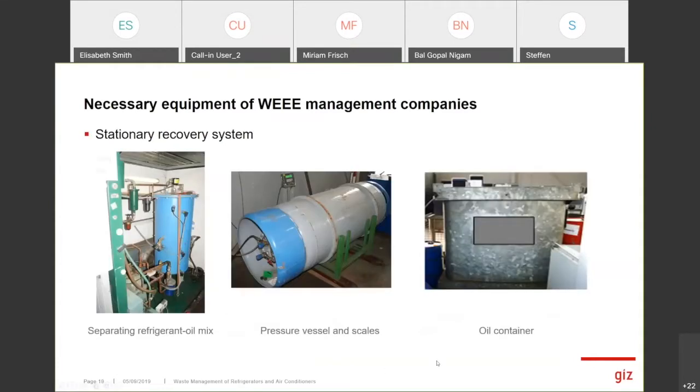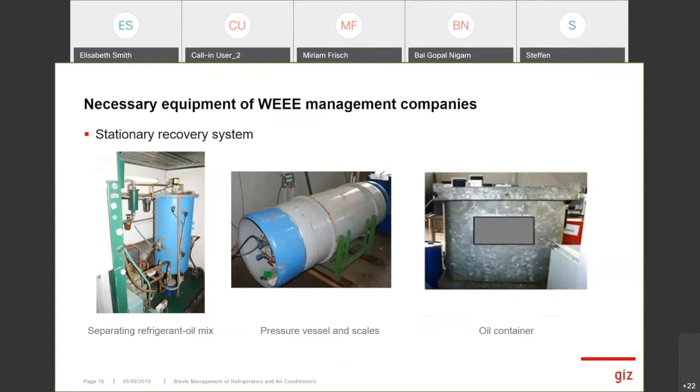Then we have necessary equipment also such as a stationary recovery system. Here on the left picture, the separating refrigerant oil mix is a receiving tank oil separator, which can look very different from the chosen system on industrial scale.